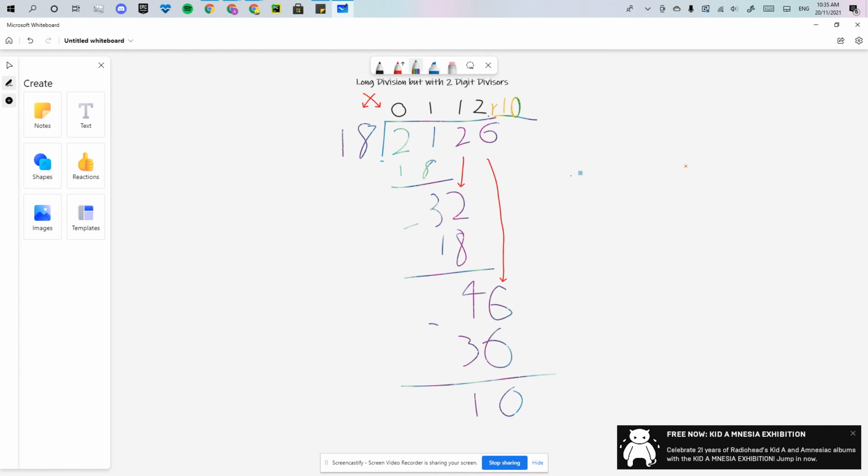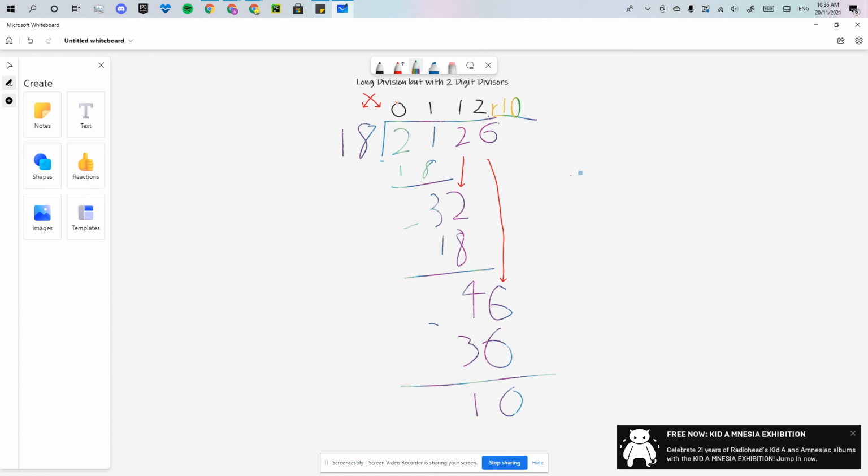If the remainder is more than 1 and less than the divisor, we write a little r next to the answer line in a different color, and then we write the remainder here. A remainder is basically just a leftover. So yeah, that's basically long division with 2-digit divisors.